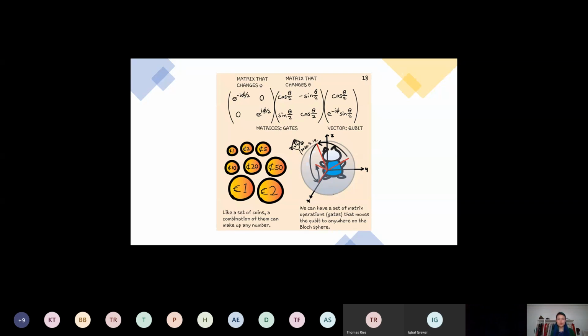It's like a set of coins where we are not trying to have 1, 2, 3, 4, 5, 6, all of the numbers represented by each coin. We would just need a minimum set of coins where, using different combinations, we can have a number represented. Similar idea for quantum gates is that we want a set of gates that you can combine to put your vector on some specific convenient places on the Bloch sphere.